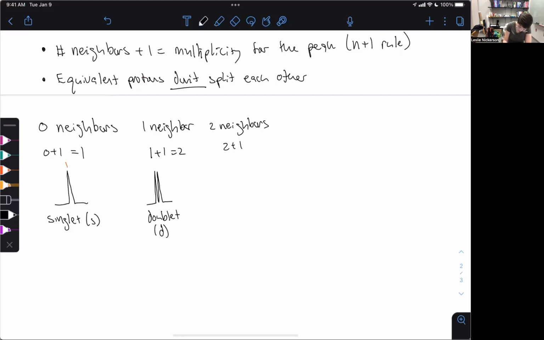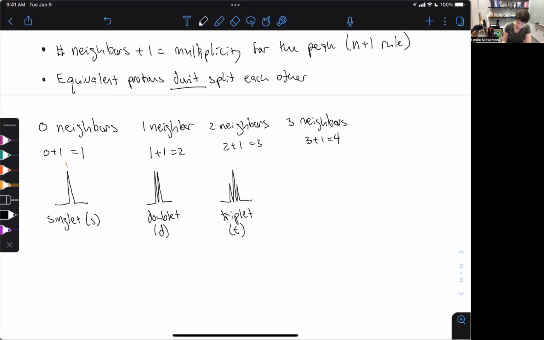2 neighbors. 2 plus 1 equals 3. So that's going to give us a triplet. Little t. 3 neighbors. 3 plus 1 equals 4.